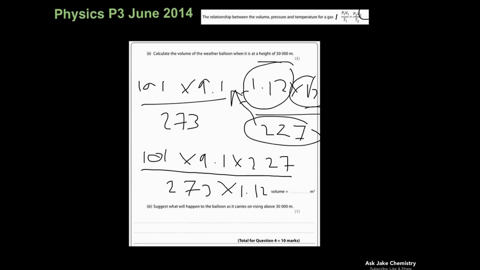When you flip it, it'll be division. So plug this into your calculator and you will get 882. The next part of the question asks what will happen if it goes above 30,000. Simply for 1 mark, you need to say it bursts or it pops, and that'll get you the mark.